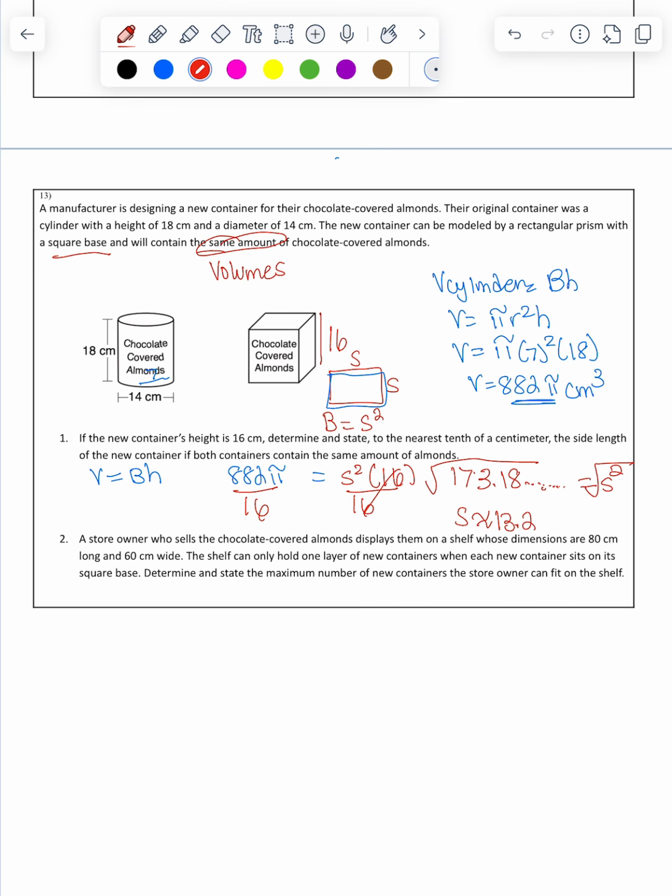I also want you to remember, when we go into question number 2, that on Regents questions that have multiple parts, generally your answer to the first part is going to be used in some way in the second part. So that 13.2 is going to be used in the second part.